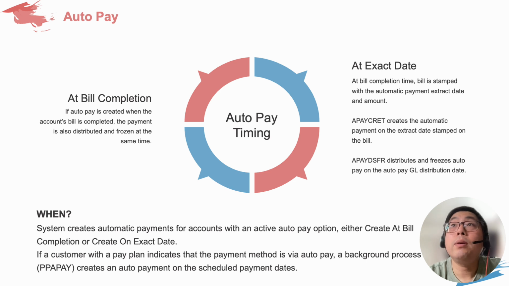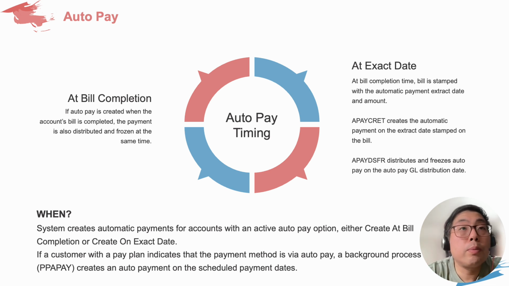So at bill complete time, the bill is stamped with the auto payment extract date and amount, that's the payment amount. Then a batch job creates the automatic payment on the exact date stamped on the bill, and another batch job distributes and freezes autopay on the autopay GL distribution code. In the project, we also see a background process to download this autopay.